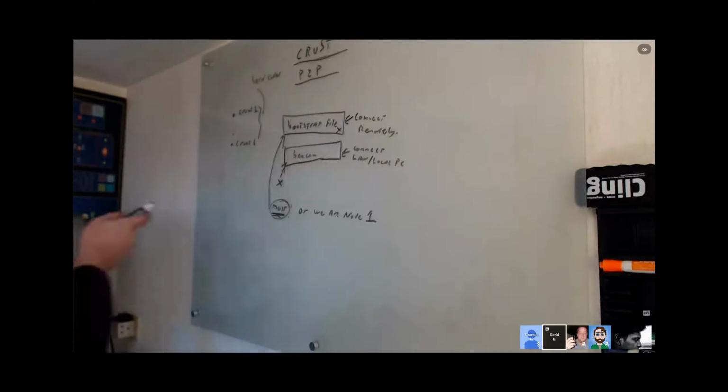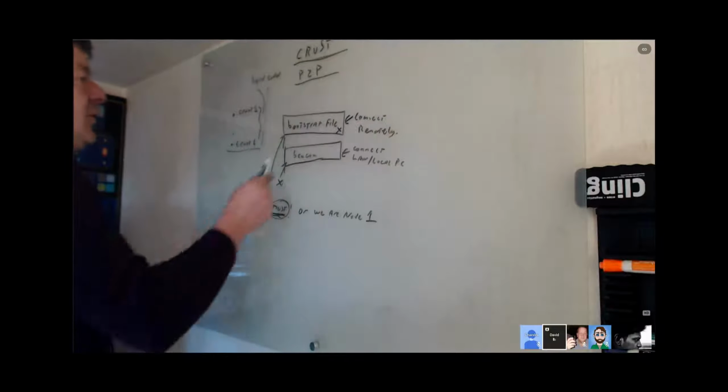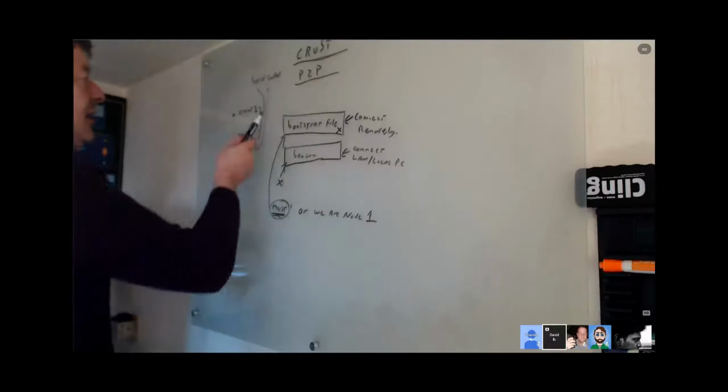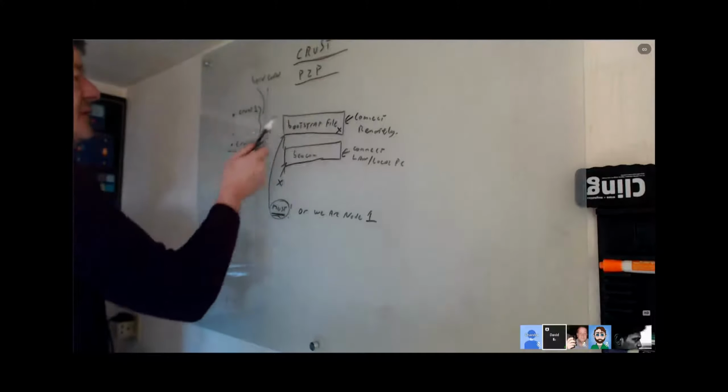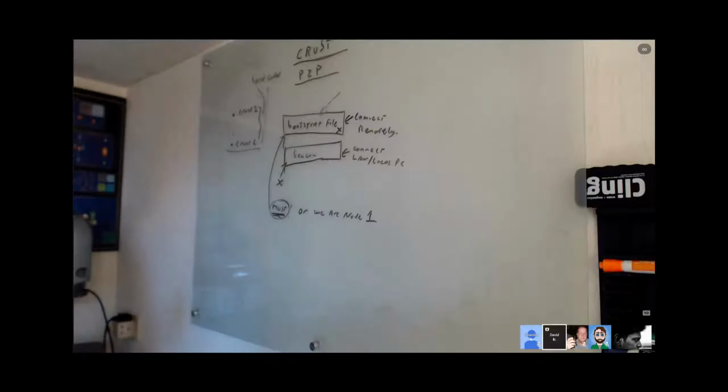And what that means is these nodes, for users of the CRUST library, should pass at least these nodes through to the bootstrap file of CRUST.